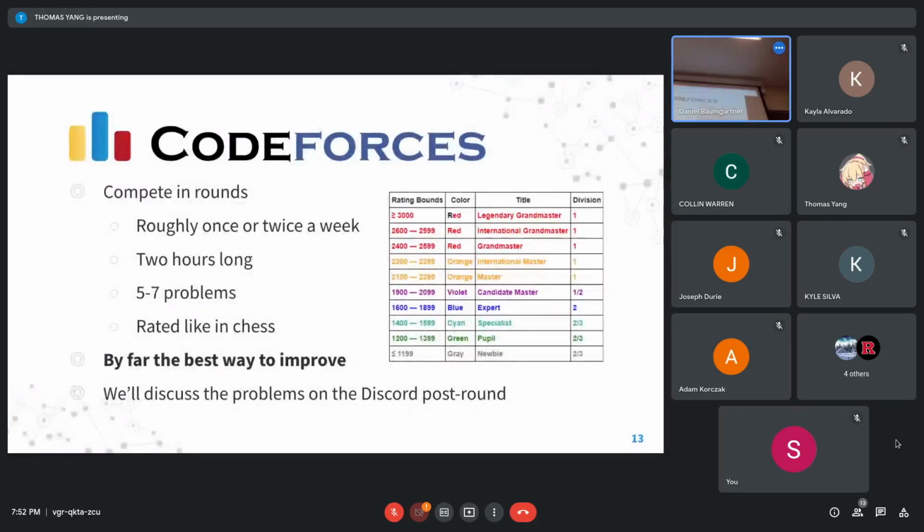Okay, so now to introduce Code Forces, which is one of the main websites that we use for managing this whole thing. On Code Forces, one function is that it provides, on average, weekly contests. Sometimes it blobs up, and there's 1 week with a bunch, and then 1 week has nothing.